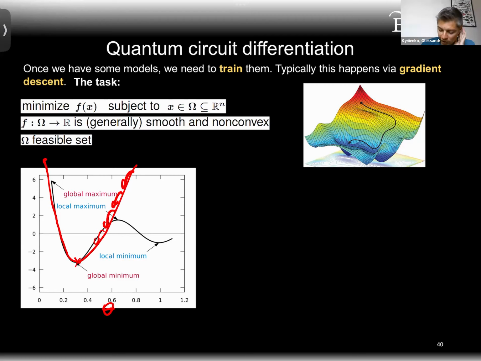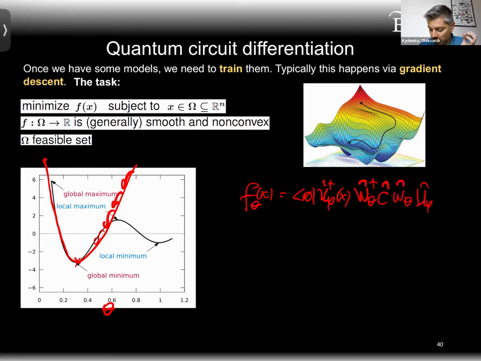Non-convex, it's because we have f of x as a function of theta, where thetas enter in a very specific way. Because if I apply some feature map U of phi of x, later I will be applying the parameterized circuit, and then doing some measurement.